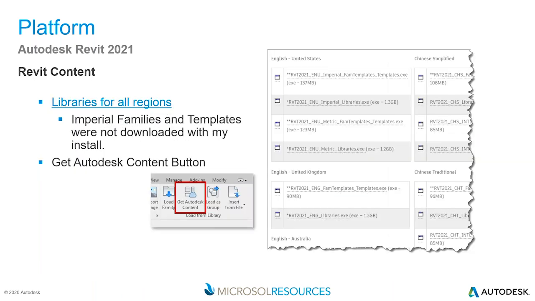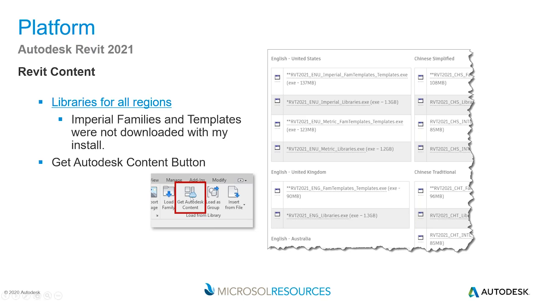The content, I was a little surprised about this. There's content available for metric and imperial as always, but Australia, United Kingdom and German content can all be downloaded. It turned out that none of it was downloaded, so I had to get my imperial and metric libraries and templates.